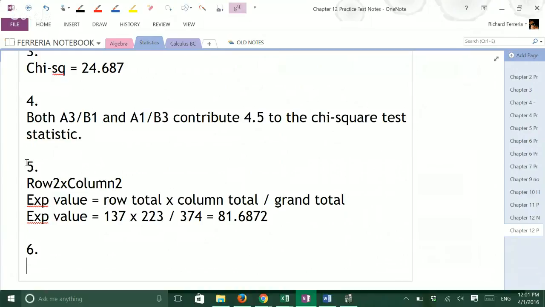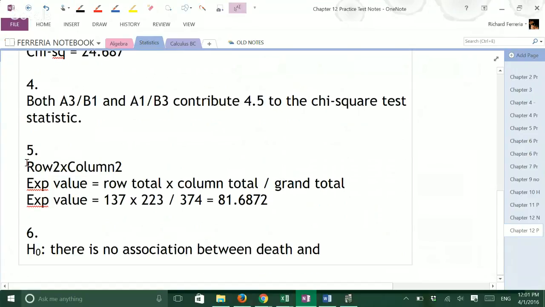Question 6, appropriate null and alternative hypothesis. Null hypothesis: there is no association between death and automobile size.